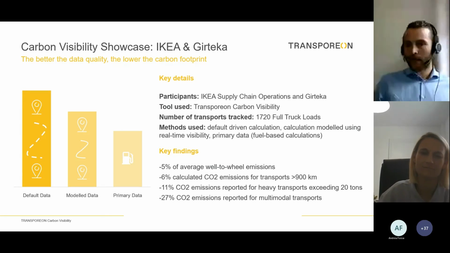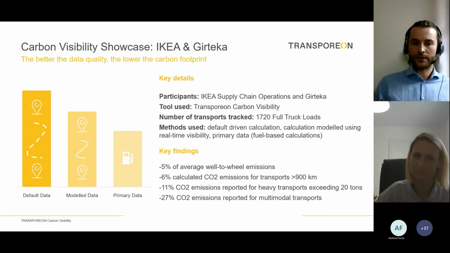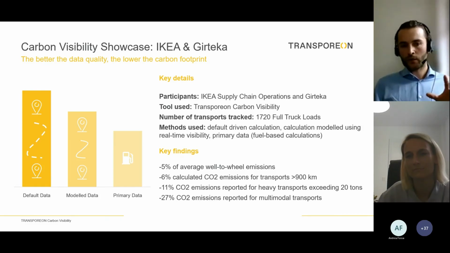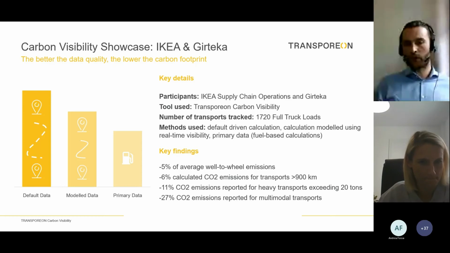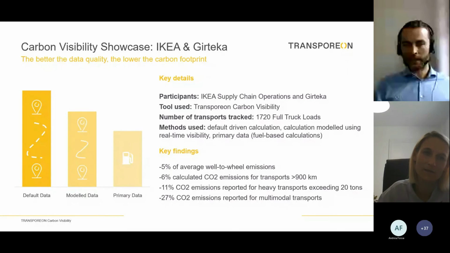And why should a carrier do this is the question that we have actually faced the most in the last months. And what we could show here is that it has truly very significant benefits on both sides. For IKEA, I think it's pretty clear that the lower the footprint they need to report, the better for the numbers and the better for the CSRD report they need to publish next year.